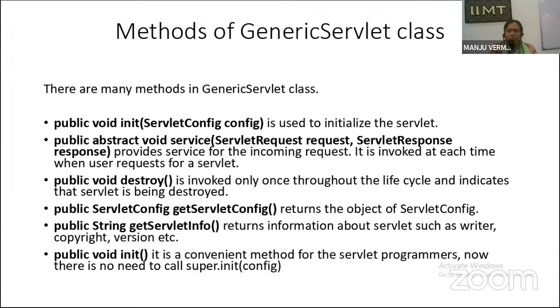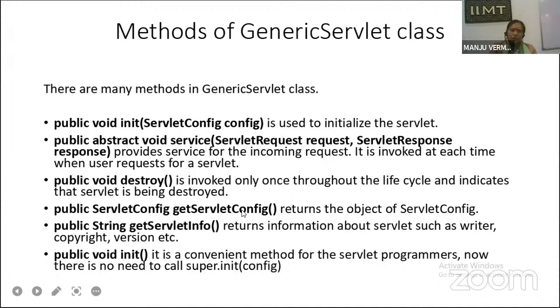So public void init is used to initialize the servlet. The service method provides service for the incoming request, and it is invoked each time a user requests a servlet. Again, the destroy method is invoked only once throughout the life cycle and indicates that the servlet is being destroyed.